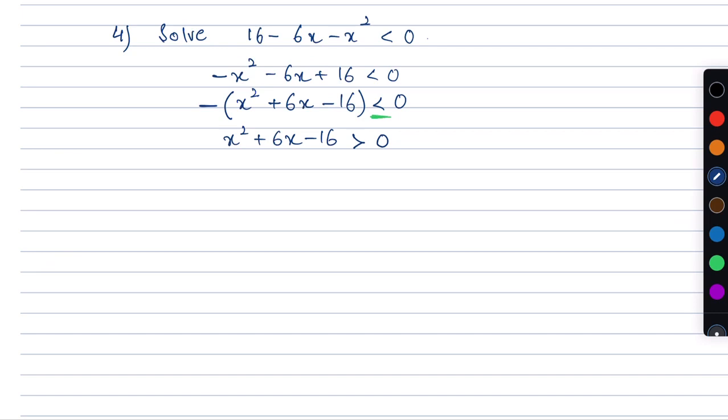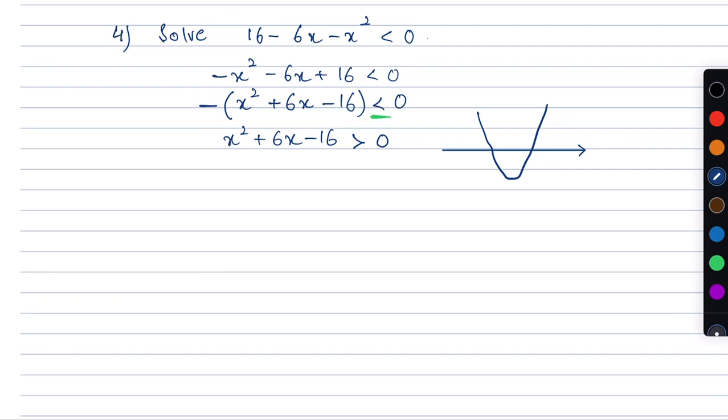Now I have a simple quadratic equation with a minimum turning point and the x-axis. They are talking about the region to be greater than 0. Again, repeating, whenever we are taking out the negative common, please make sure that you have changed the sign of the inequality to the opposite. Like over here, it says it's less than 0, so I have changed it to greater than 0.